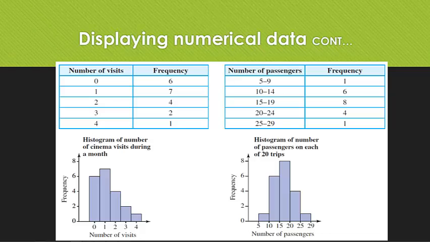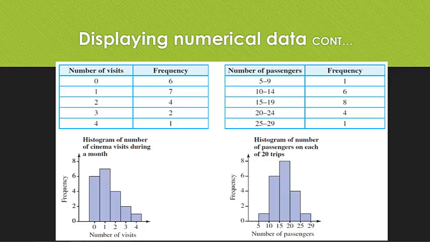So we can see here the difference between our histogram and our bar chart. Here our columns touch. You'll also note on the left-hand side histogram that the values 0, 1, 2, 3 and 4 are sitting underneath the column, in the middle of the column. That's because we have discrete data here, or whole number values.